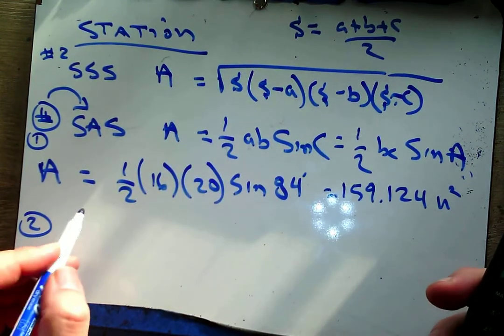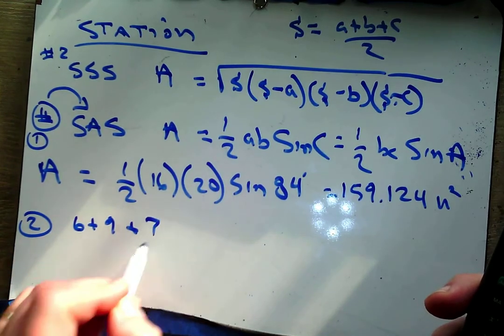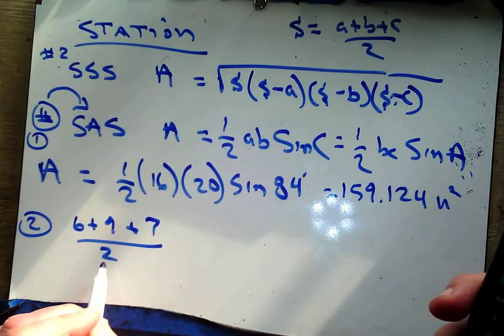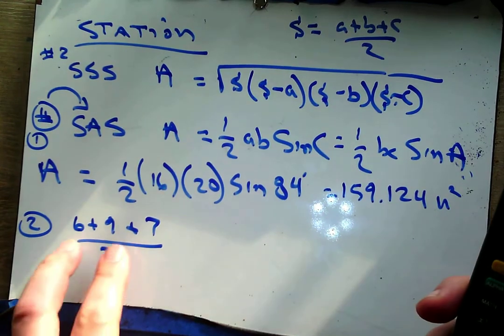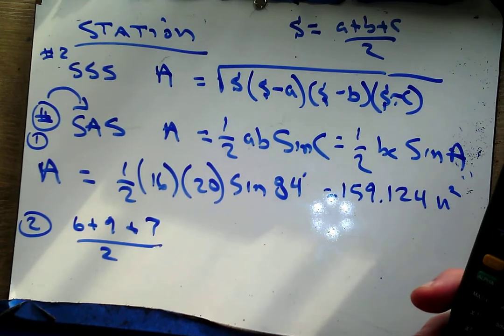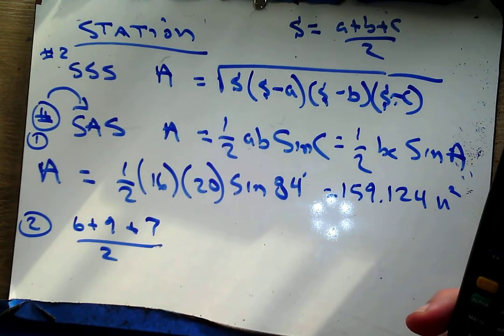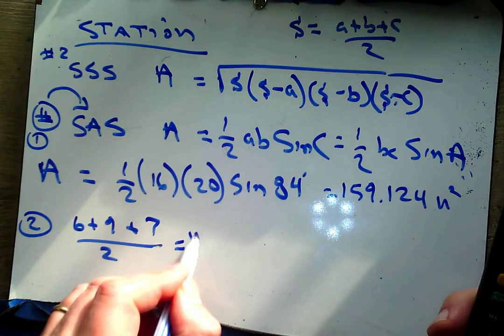Whereas in number 2, I have to use Heron's formula, which means I really need to find the semi-perimeter. A is 6, B is 9, C is 7, not divided by 3, divided by 2. Okay, so 15 plus 7, I believe, is 22. Let's just confirm that, because there's nothing sillier than making a mistake that you can't fix. Good, and if I divide by 2, I get 11.